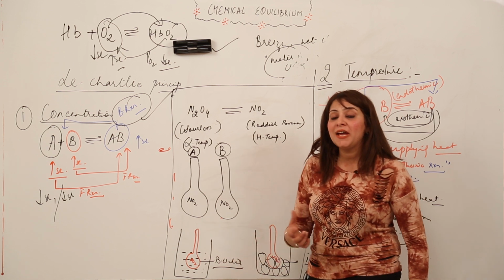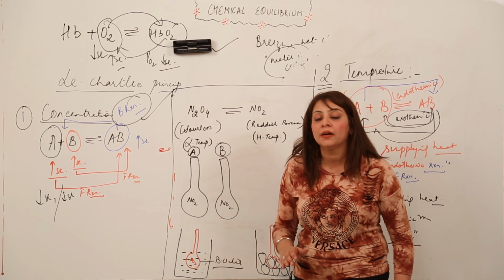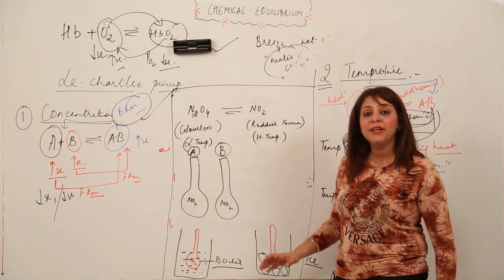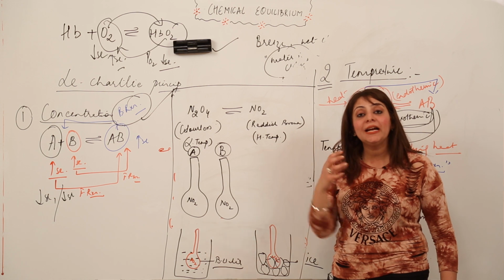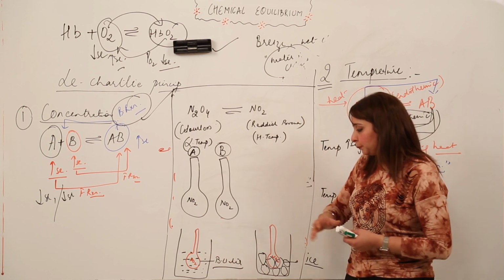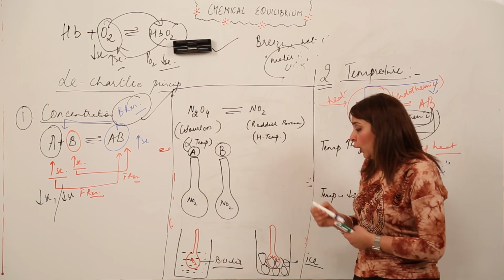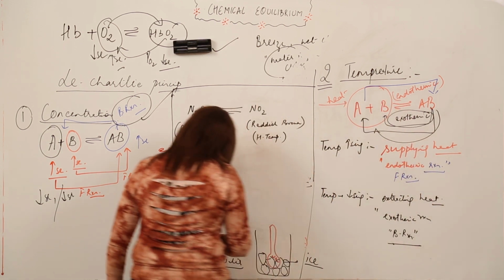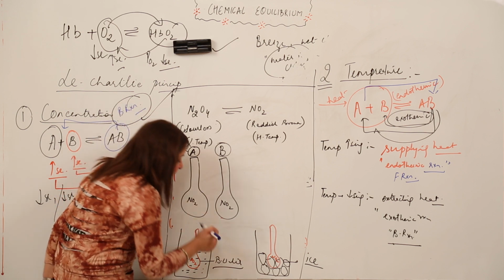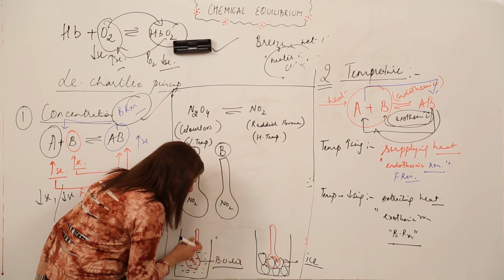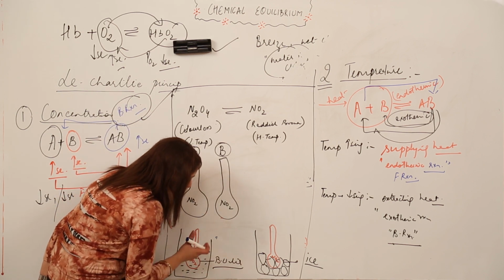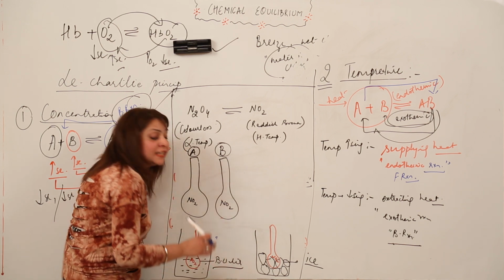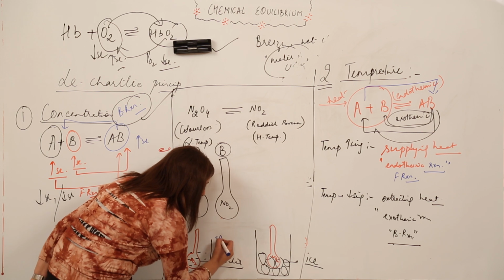Earlier they contained the same gas and looked similar to each other, but when we keep one in the boiling water and the other in the ice, we see a difference in color. With the passage of time, the gas in the vessel placed in the boiling water starts turning reddish brown.